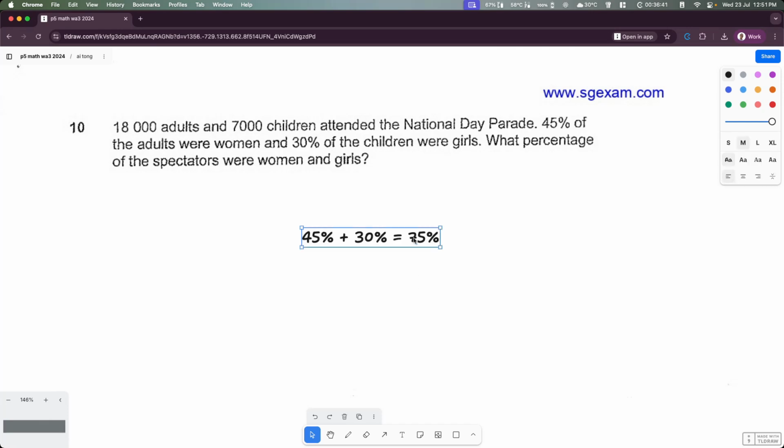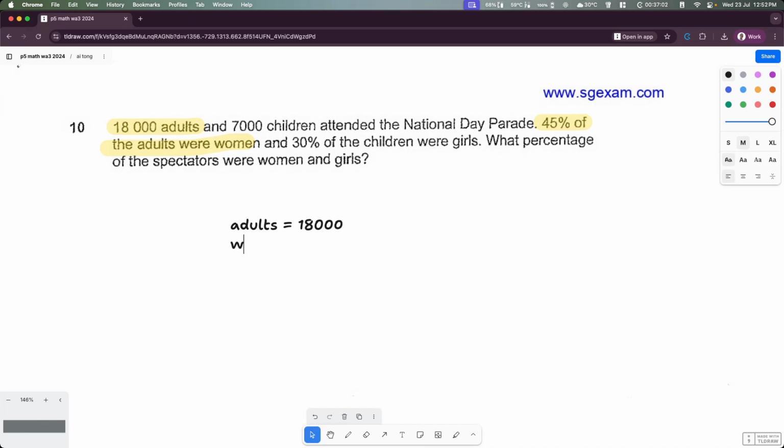So what we need to do is calculate according to what the question is asking, meaning that in this case, 45% of adults are women. So we have 18,000 adults. Okay. So first, let's do that. Adults is equal to 18,000.